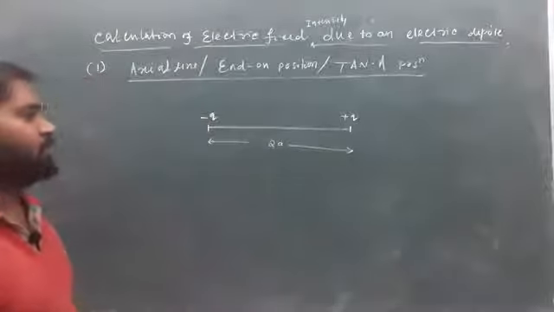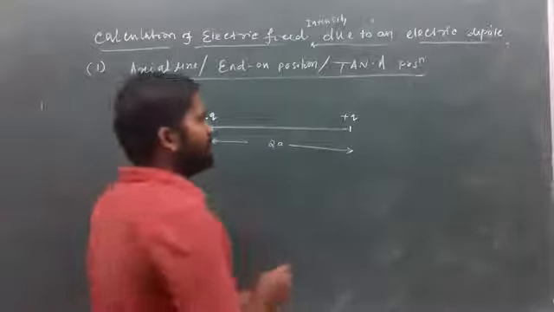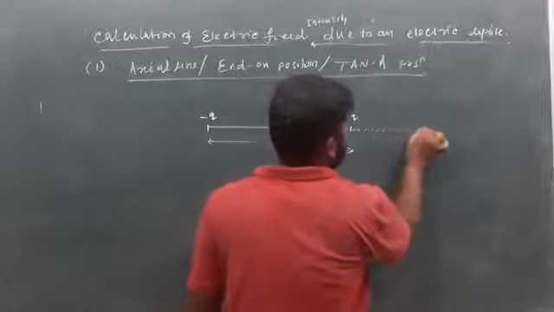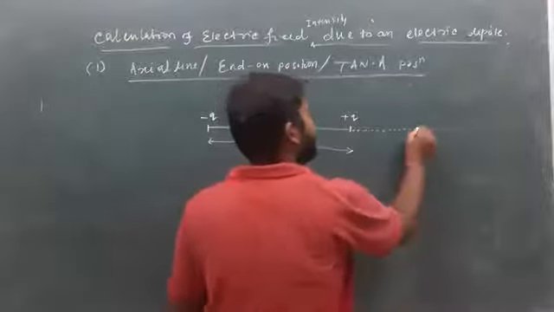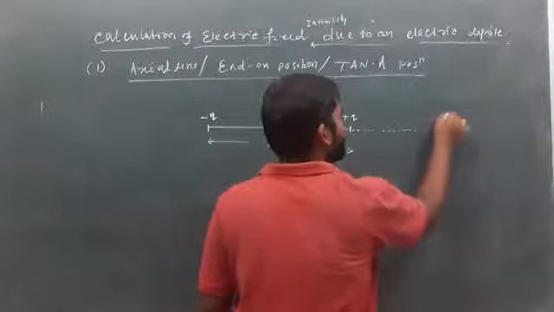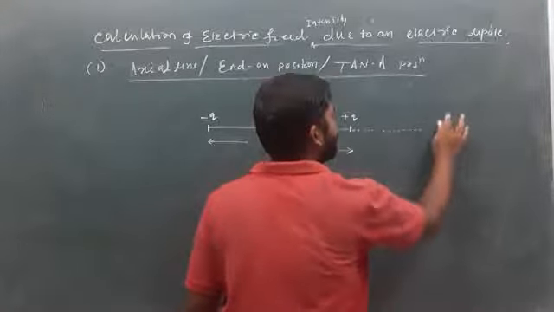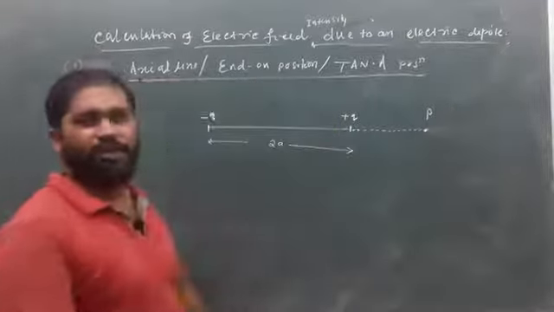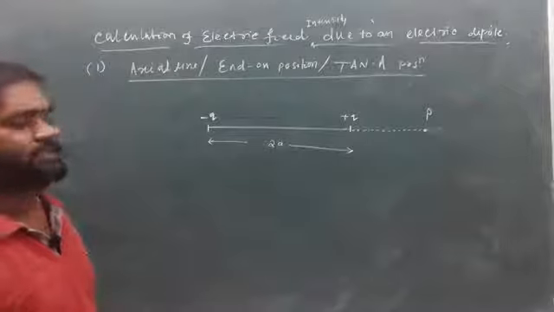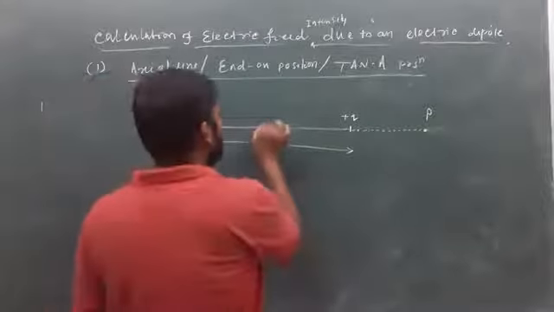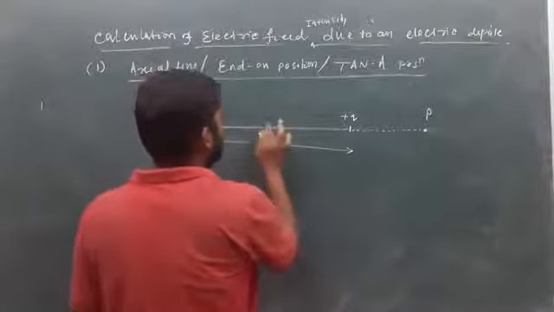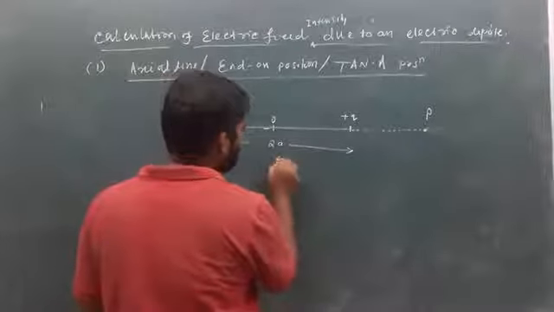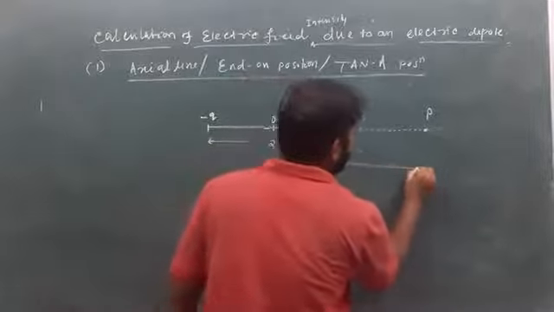Suppose we consider a point of observation on the positive charge side of the axial line, at a distance of r. Suppose my point of observation, where we want to calculate the electric field intensity, is at a distance of r from the center of the dipole.